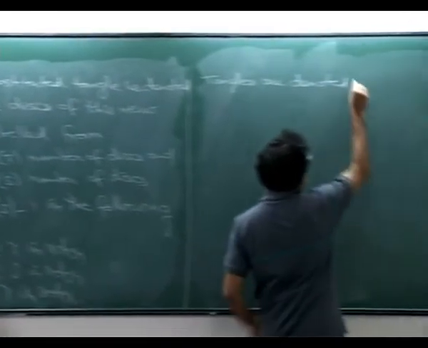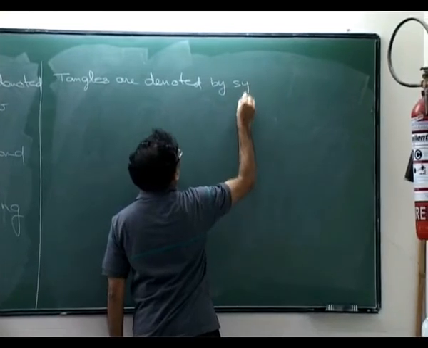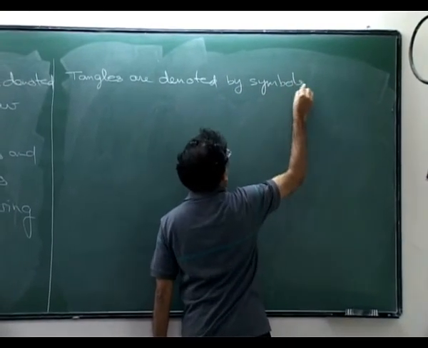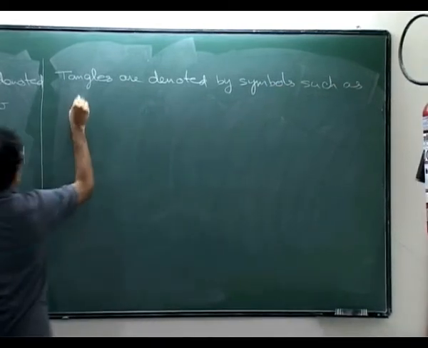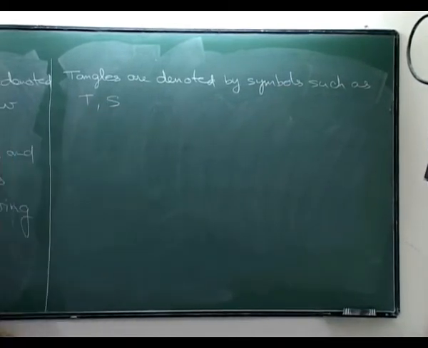So tangles are denoted by symbols such as, we already saw S, T, but then I want to give names.